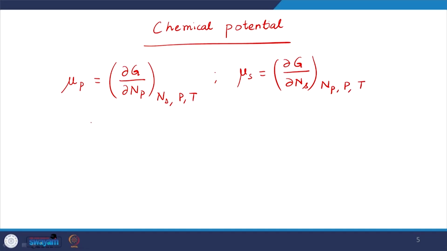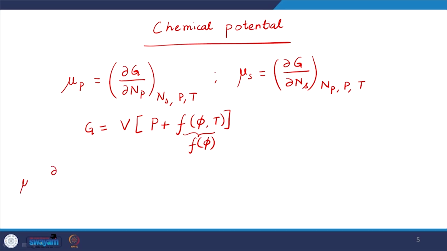Now, G is given as V multiplied with P plus F(phi, T), which we represented as f of phi, assuming that we are working at a constant temperature.